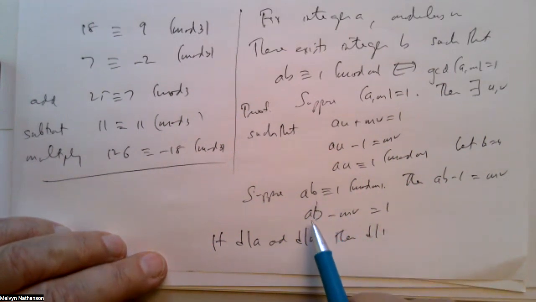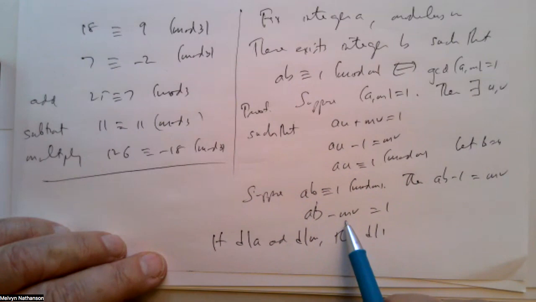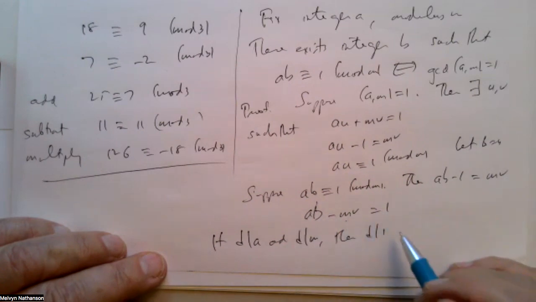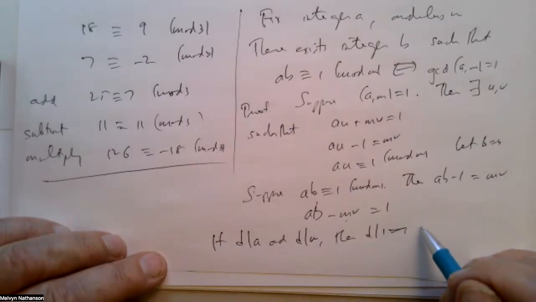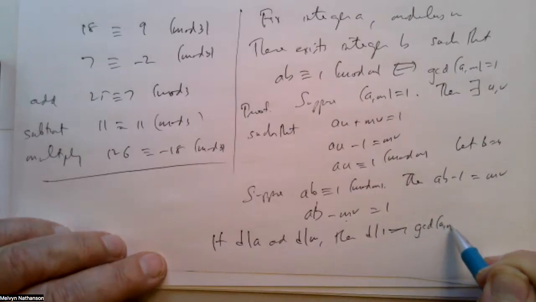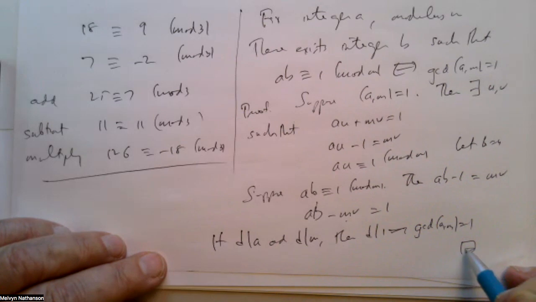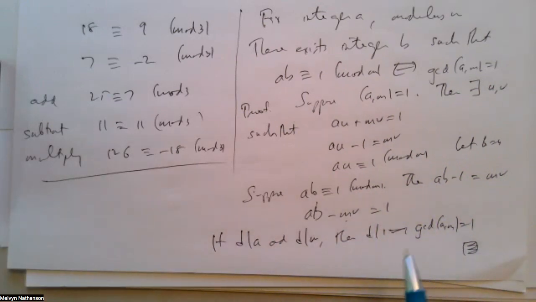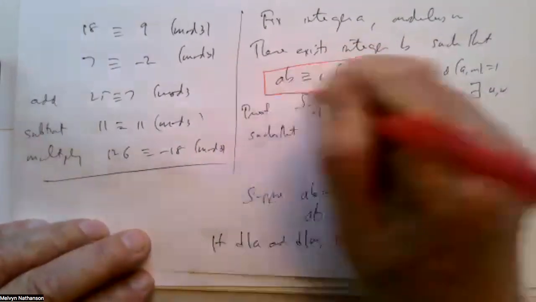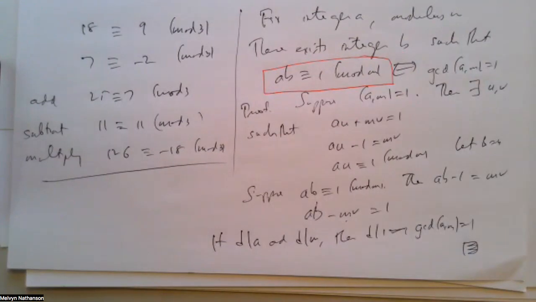Right? If A is a multiple of D and M is a multiple of D, so is this number, which is 1. Which means the only positive common divisor of A and M is equal to 1. So this very important congruence, AB congruent to 1 mod M, is possible if and only if A and M are relatively prime.